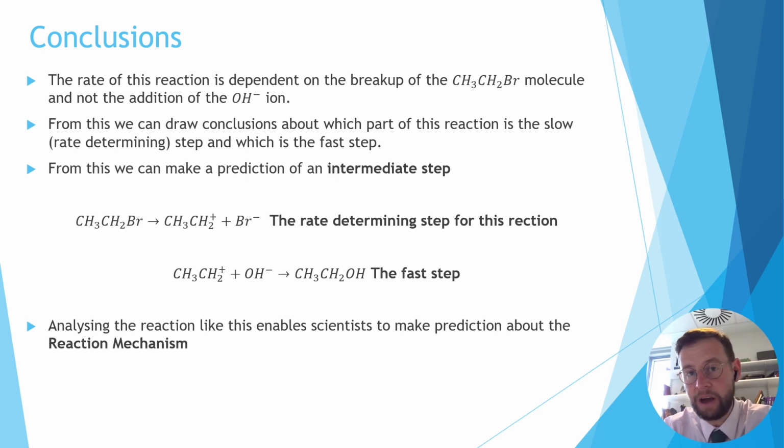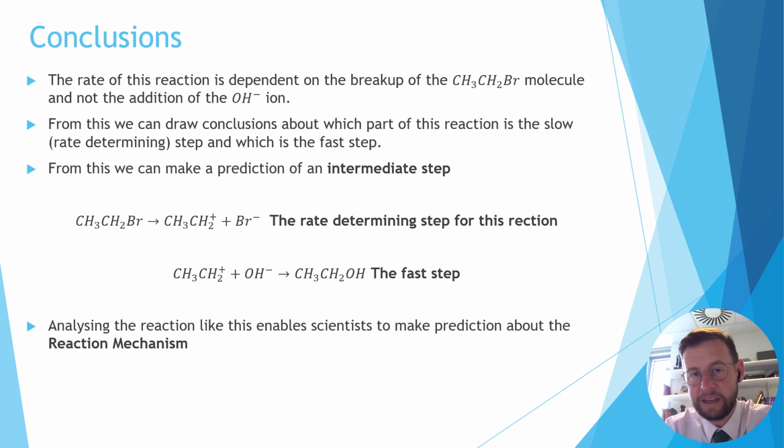Now, because we know that the rate of this reaction is not dependent on the concentration of the hydroxide ion, but it is dependent on the concentration of the bromoethane, it means that the slow part of this reaction, the rate determining step, is that first step, that intermediate step of the bromoethane breaking into 2 ions immediately before the hydroxide comes in, which you would call the fast step.